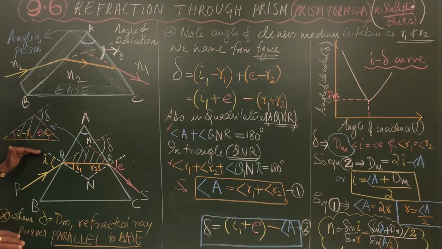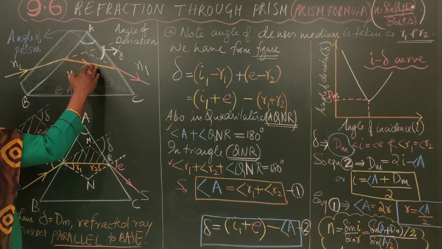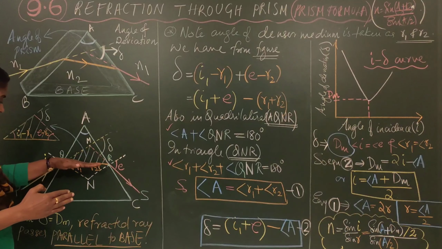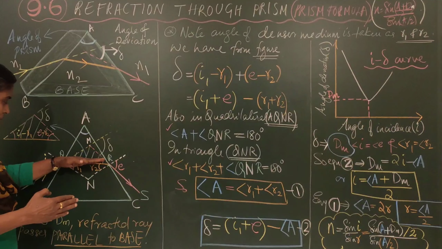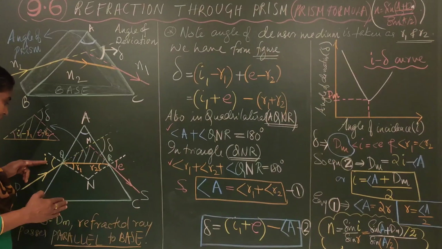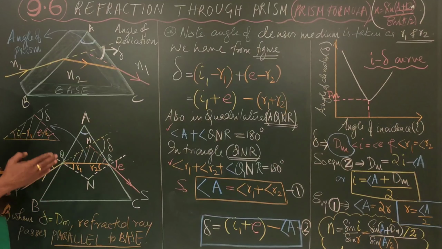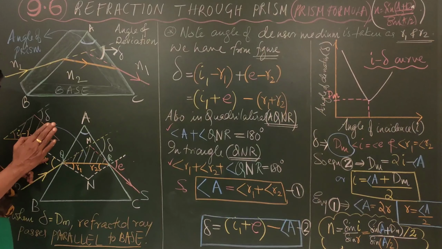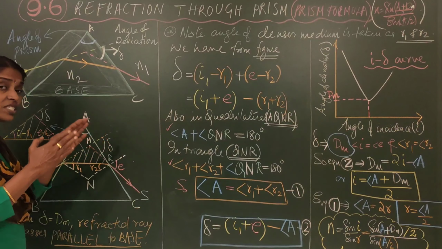Now, one more thing. As you change the angle of incidence, meaning the angle between the incident ray and the normal, you move slowly so that I goes on slowly increasing. This is the usual case. So the refracted ray slightly moves up. And for a particular angle of incidence, you can see that the deviation is minimum.